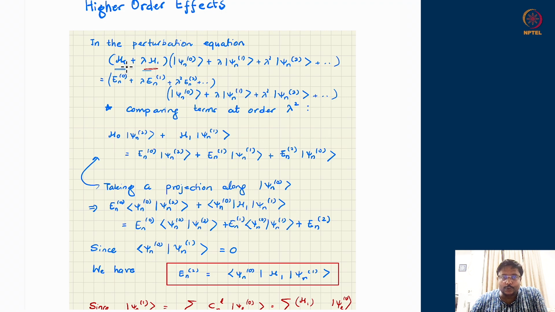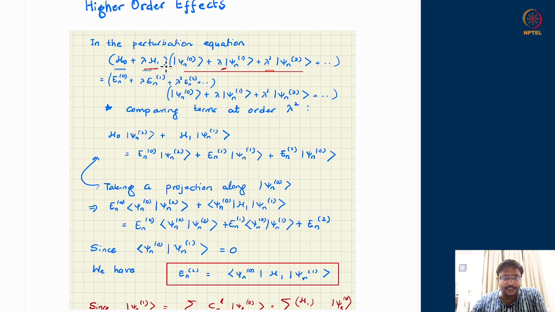We do not know what function of lambda the corrected eigenvalues and corrected eigenfunctions are, so therefore we write them in terms of a power series. Lambda order effect, lambda square order effect, because we do not know whether the wave function remains the same or changes, or if it changes, then with what function of lambda. It could be any function of lambda which satisfies the new differential equations.